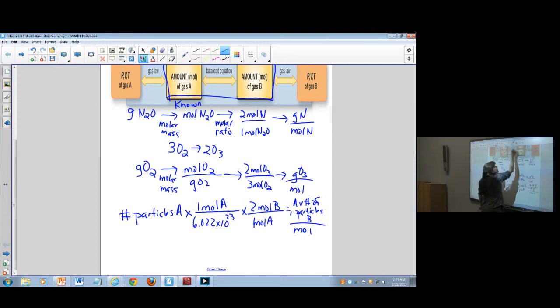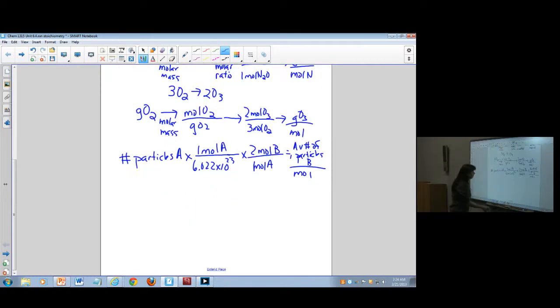And we're going to convert that using the mole ratio again to the unknown. Now, we can give you information about the known to find the moles of the unknown, or we could ask you how much the volume or the pressure or something is of the unknown. So this is going to be our scheme.